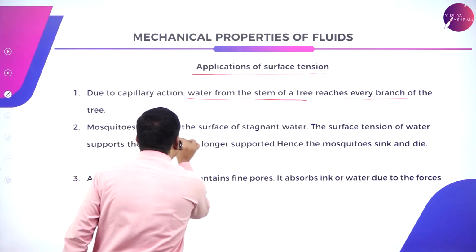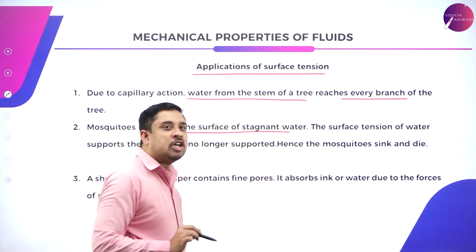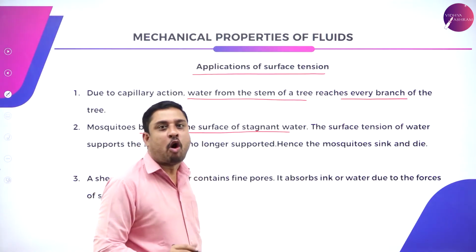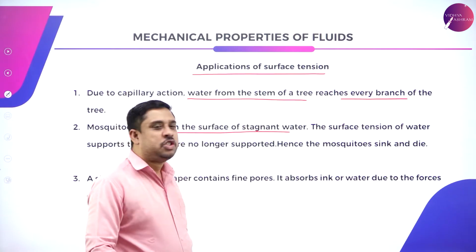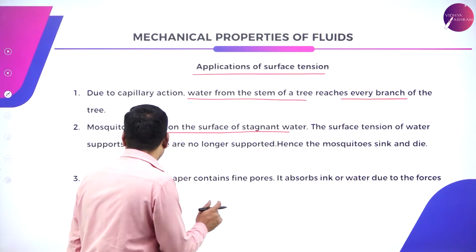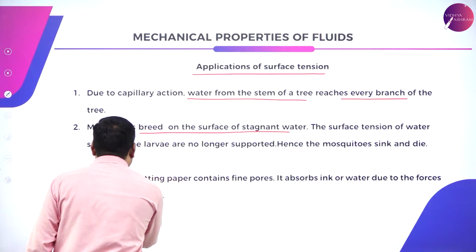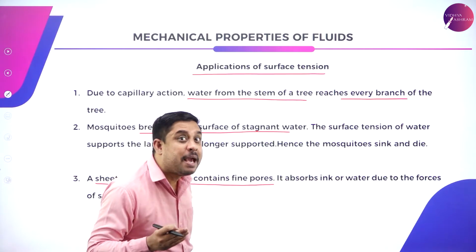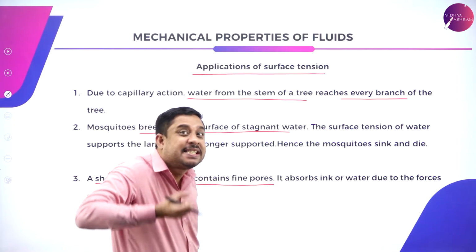Mosquitoes breed on the surface of stagnant water due to surface tension. A sheet of blotting paper, you have seen, ink processor.